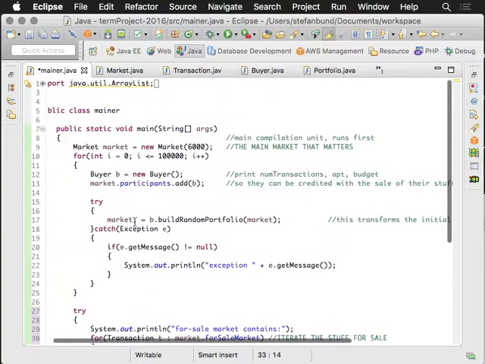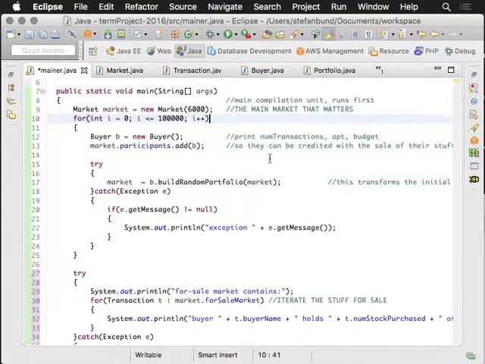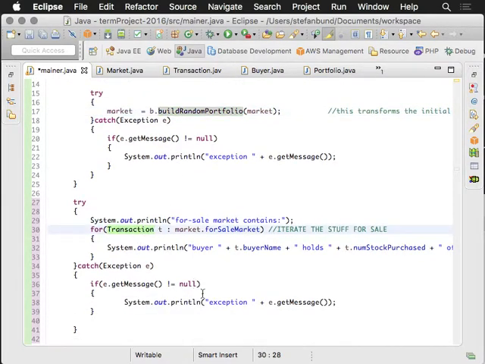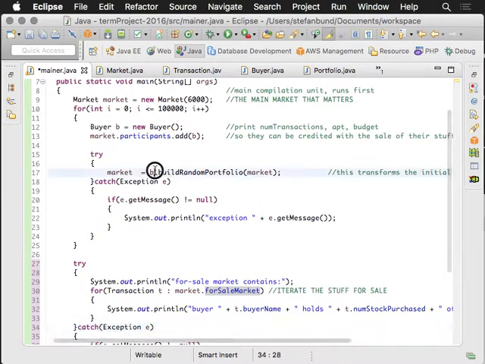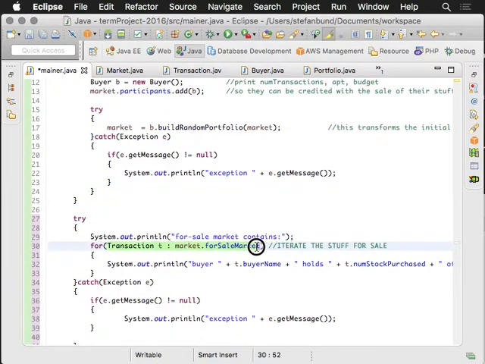And then we're going to loop through that for however many buyers you want to create. Now, if I didn't use this try-catch, it would execute this, and before it was finished, it would go ahead and run this code. That may be a reason why some of you are getting some empty for sale markets or maybe some null pointers, because we want to finish with build random portfolio before we try to traverse the for sale market.